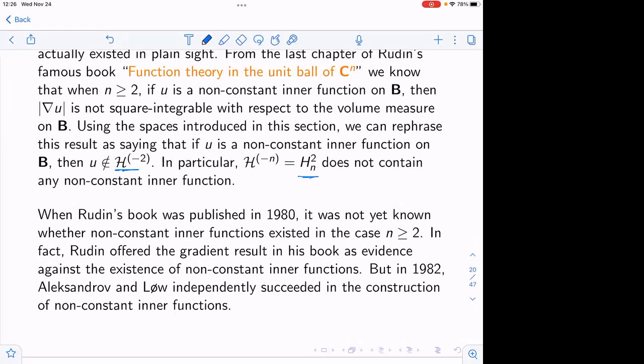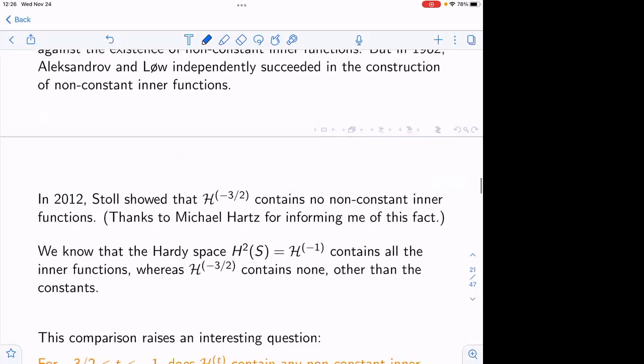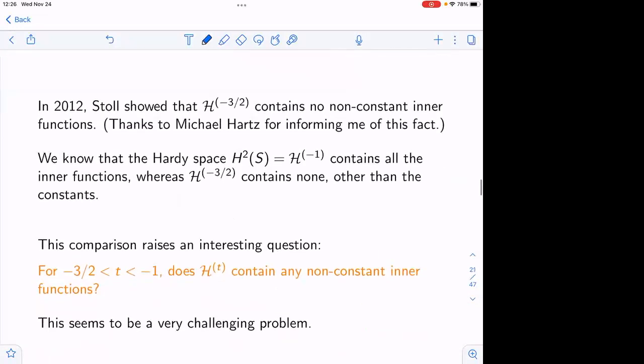I think they constructed non-constant inner functions within weeks of each other or something. I learned just a couple of weeks ago from Michael that later, in 2012, Stahl showed that the space H minus 3/2 contains no non-constant inner functions.